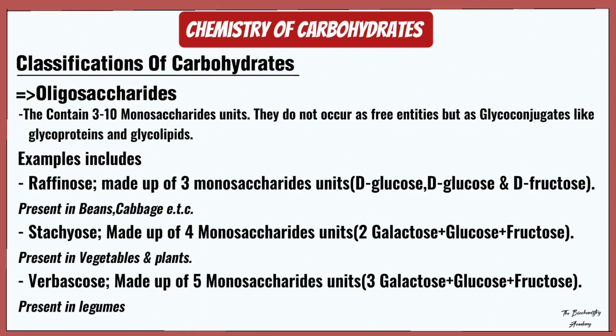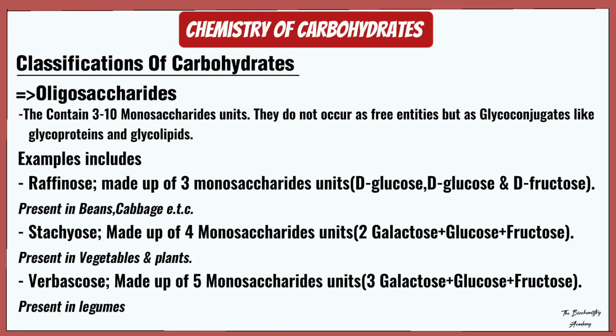Then another example of an oligosaccharide are the stachyose, and they are comprised of 4 monosaccharide units, which are 2 galactose, 1 glucose, and 1 fructose. They are present in vegetables and in some plants.